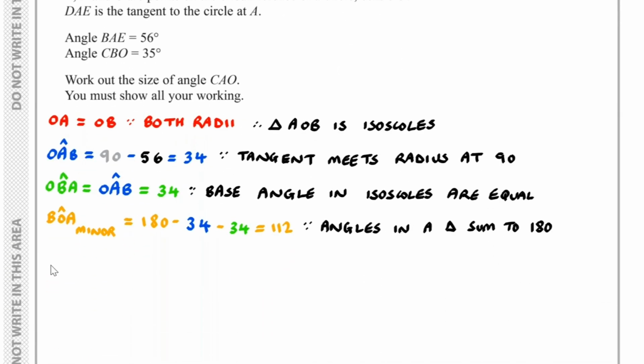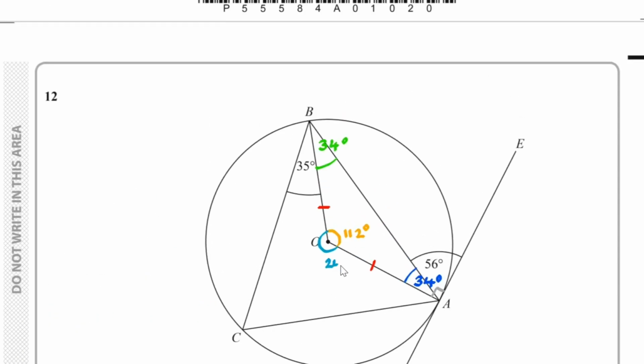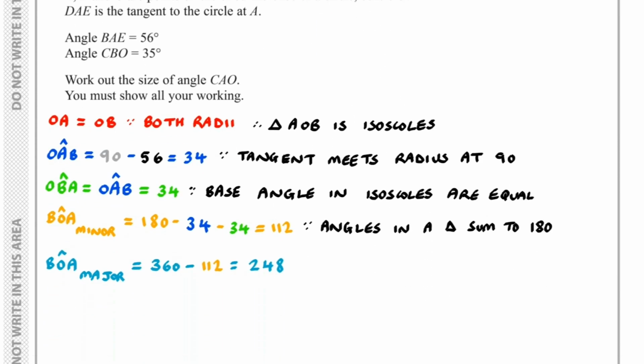So the angle BOA major will equal 360 minus the 112, which is equal to 248 degrees. So we have 248 degrees here, and the reason for that is because angles around a point sum to 360.